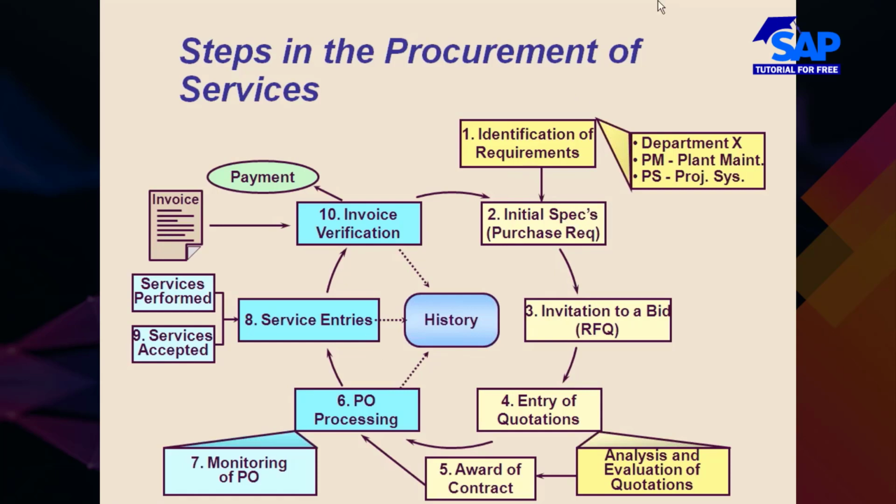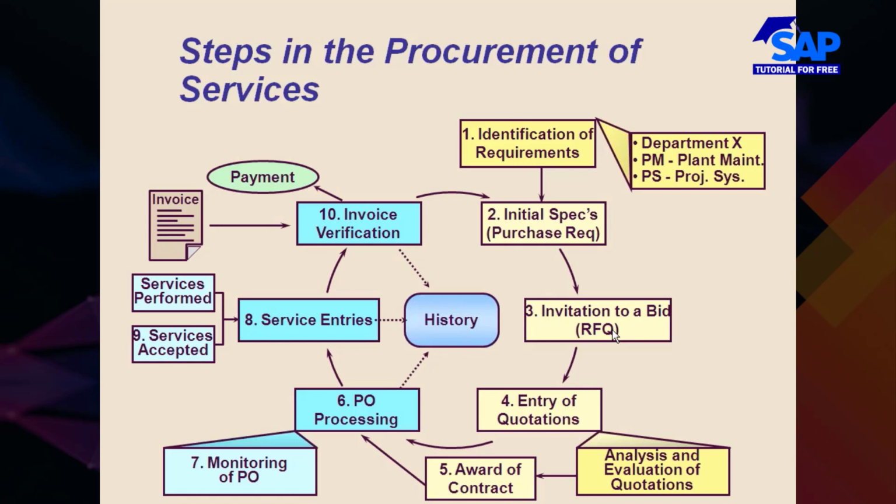Once you have a purchase requisition, in case you don't have a supplier available, then you can go for bidding. This is what we call invitation to bids or RFQs. You send these RFQs to multiple suppliers, and some or all of them respond to your invitation and submit their quotations, or what we also call bids.